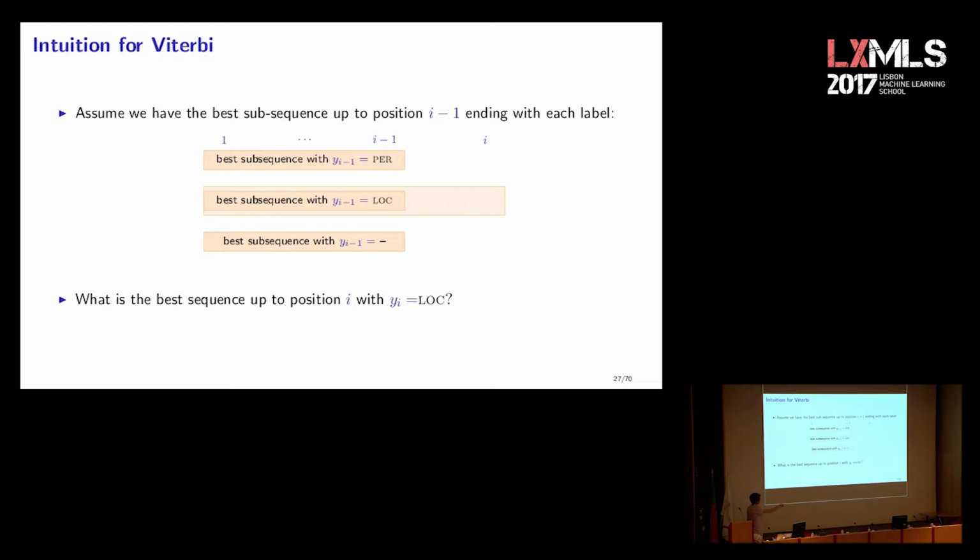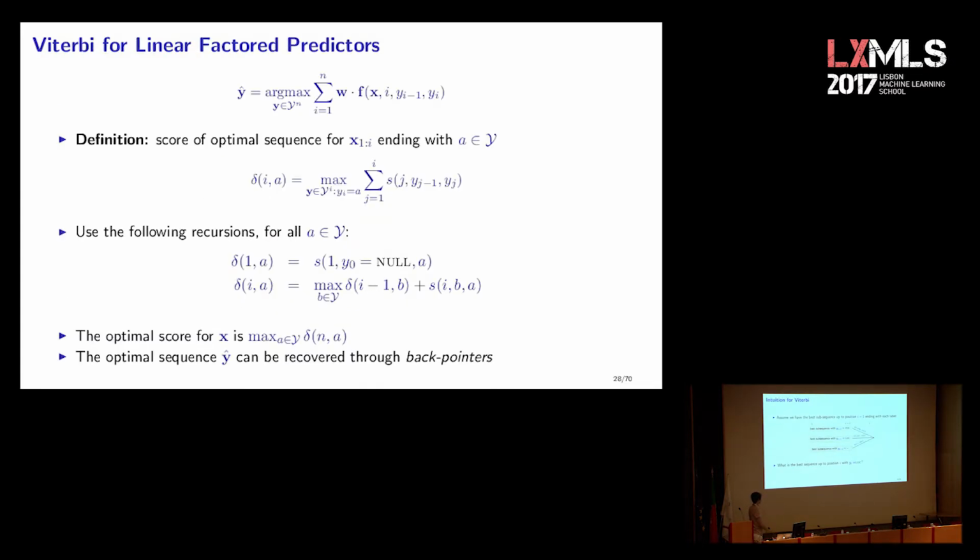If I want to extend it, I compute the best sequence that ends at this point with tag location. I know that it's one of these. So at each extension, I only need to compute as many scores as the number of tags, and I keep doing that. You keep going forward, forward, forward, and then you get the best one.